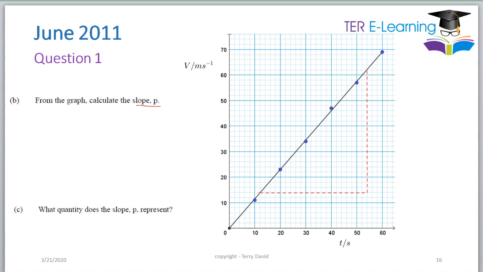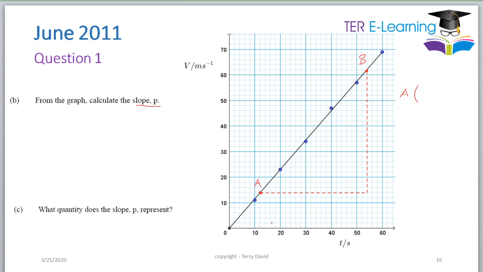I'm going to use this point here, and this point here. Now the hardest thing for you all is to write down what those 2 points are. Let's call this point A and this point here B. The first thing you need to do is write down the coordinates of A and the coordinates of B.